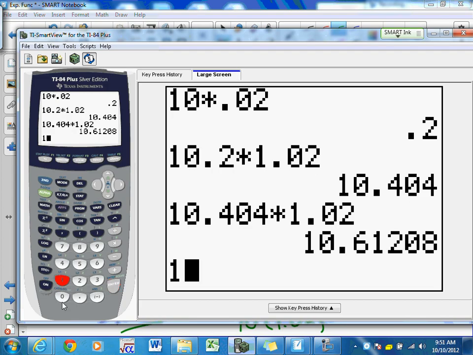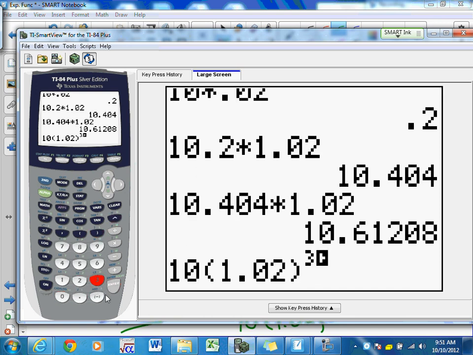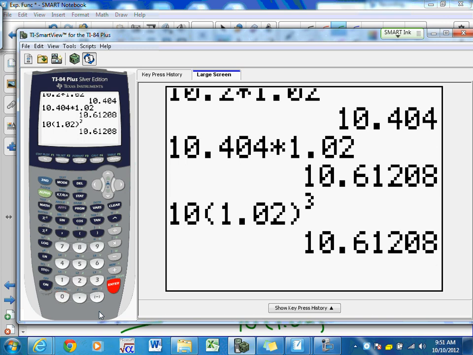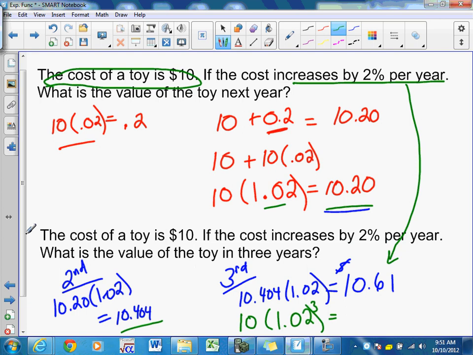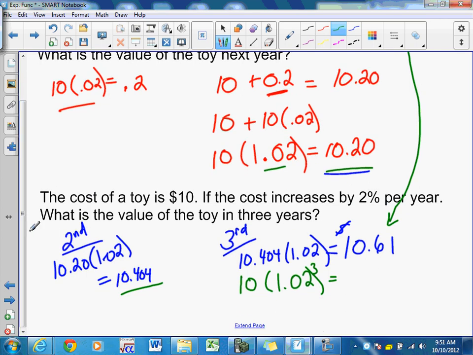So I could have done 10 times 1.02 cubed and got the same answer. So what this allows us to do is, if I want to find my total into the future, I just have to raise it to the exponent for the number of years.